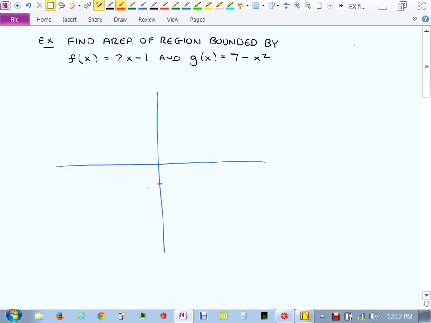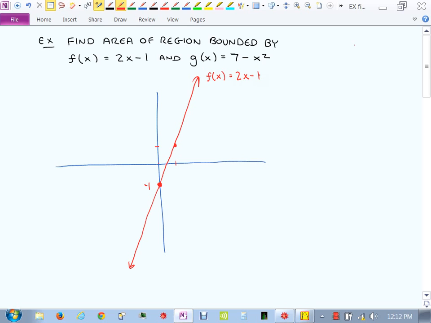Go down 1, that's my y-intercept. From there I use the slope, up 2 over 1. And then I draw a straight line through that. This is f of x, and this is 2x minus 1.